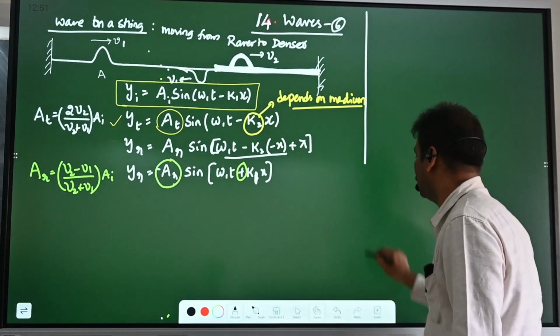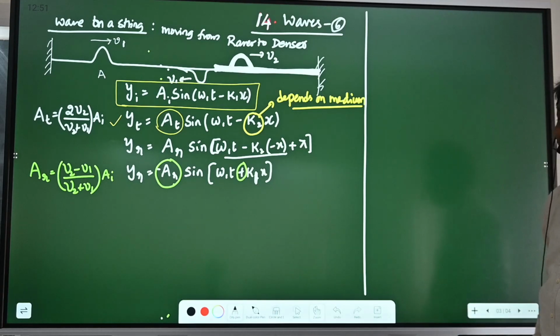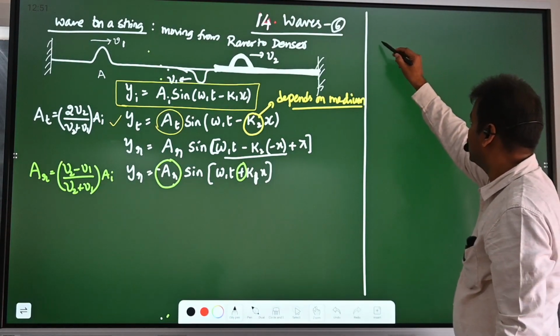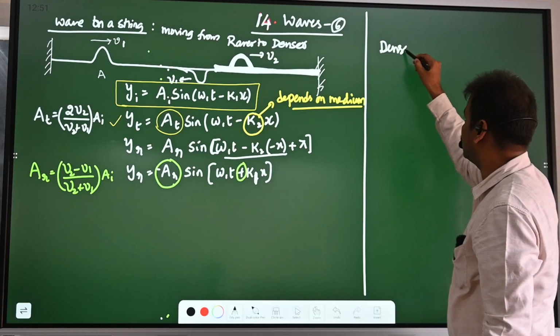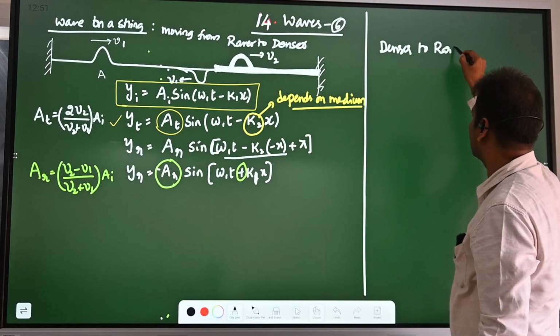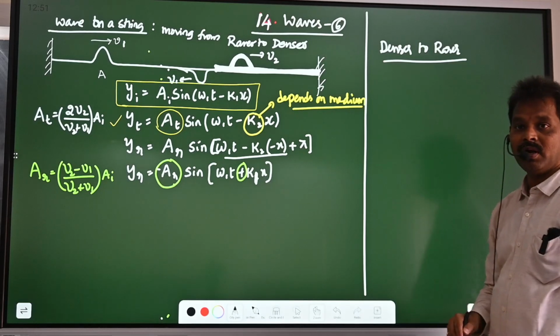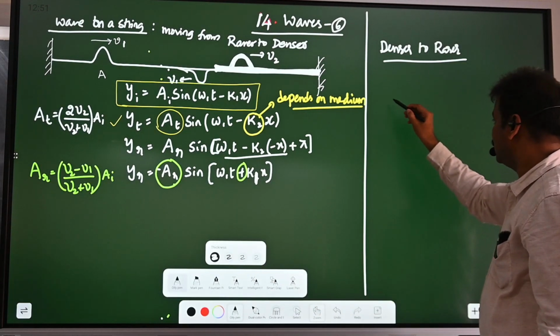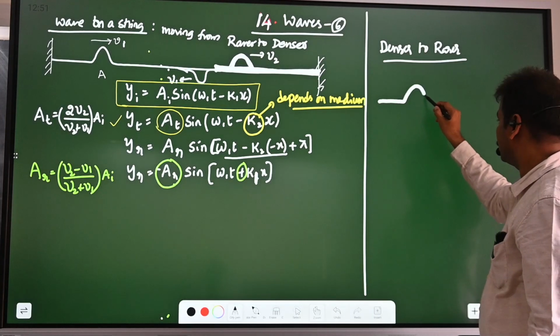So this is the story when the pulse or wave on a string is moving from rarer to denser. Now, from denser to rarer. So I need to take one thick one.